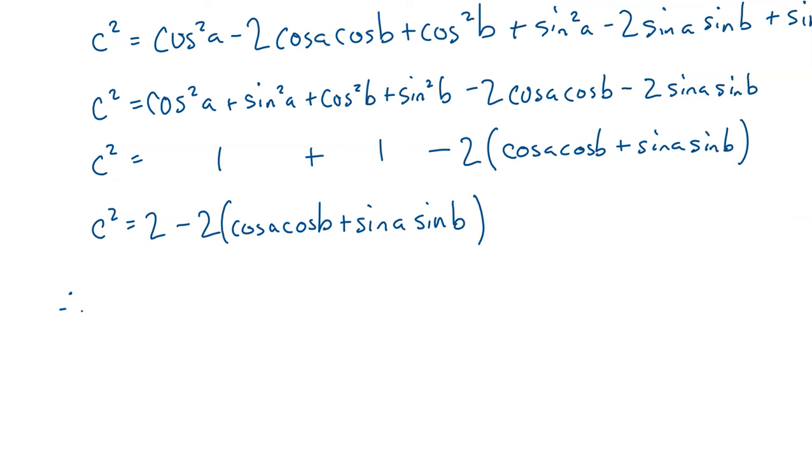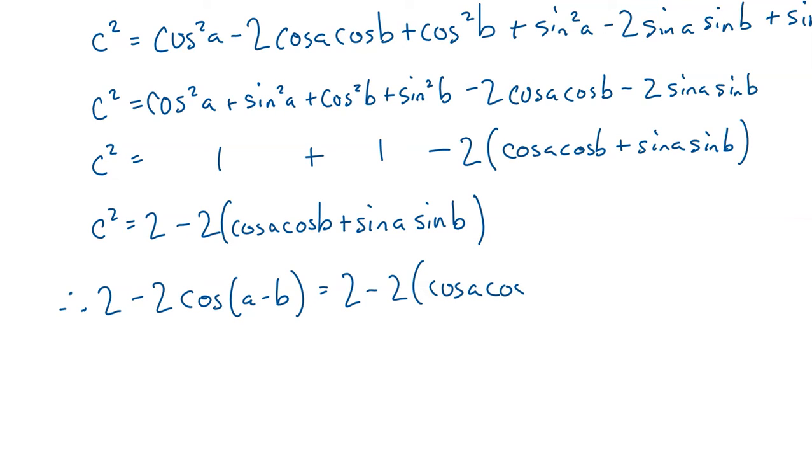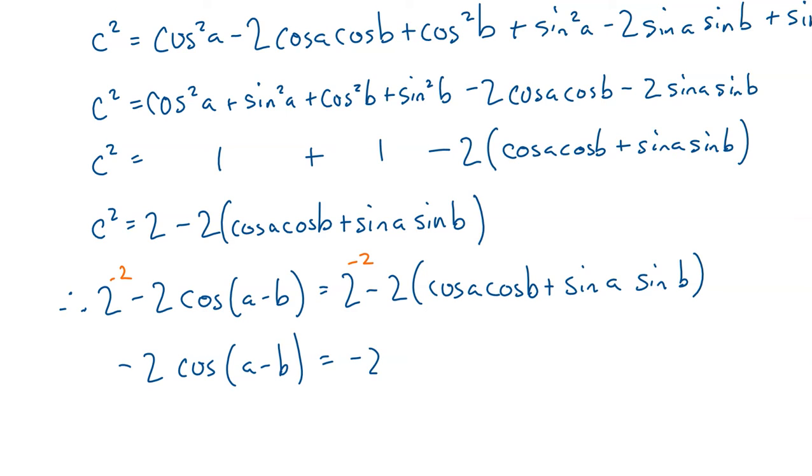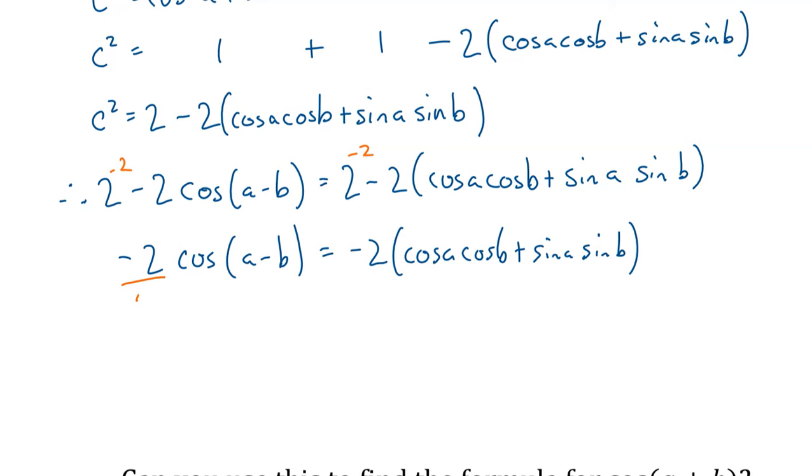So therefore, 2 minus 2 cos A minus B equals 2 minus 2 times cos A cos B plus sine A sine B. Subtract 2 from both sides. Negative 2 cos A minus B equals negative 2 times cos A cos B plus sine A sine B. Divide both sides by -2.